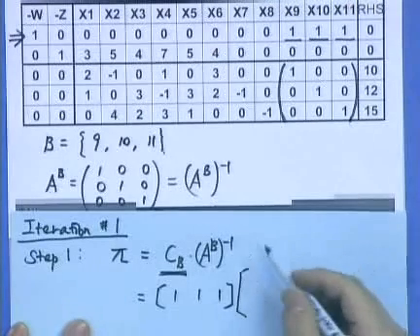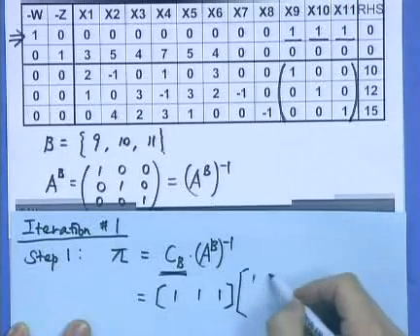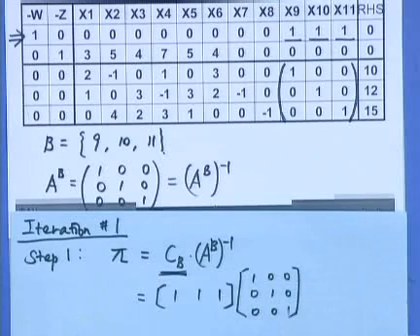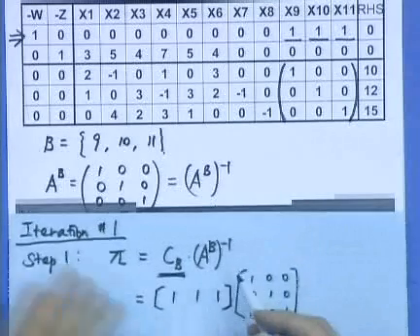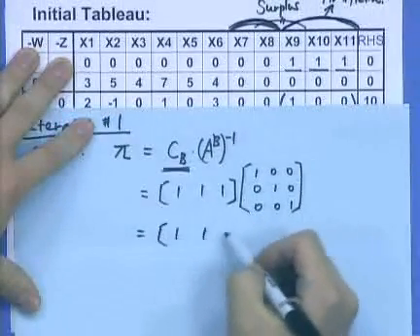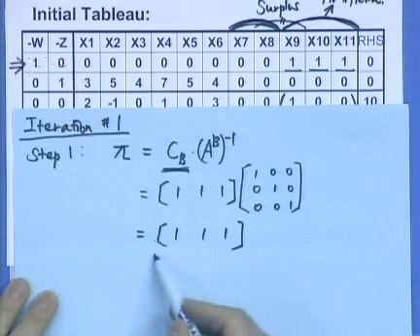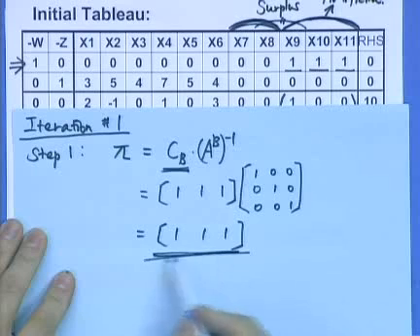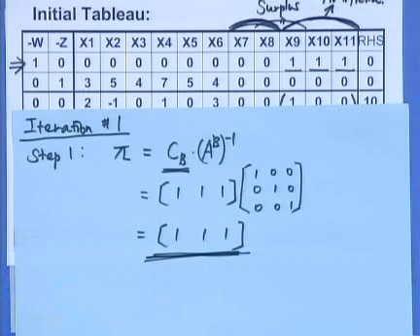And then the basis inverse matrix is the 3 by 3 identity matrix, which leaves us 1, 1, 1. Okay? This is the pi value. And last time we learned that this pi value, the simplex multiplier, provides the dual solution, right?